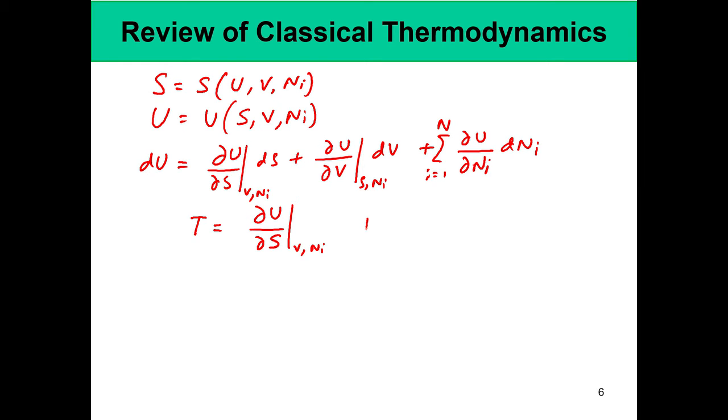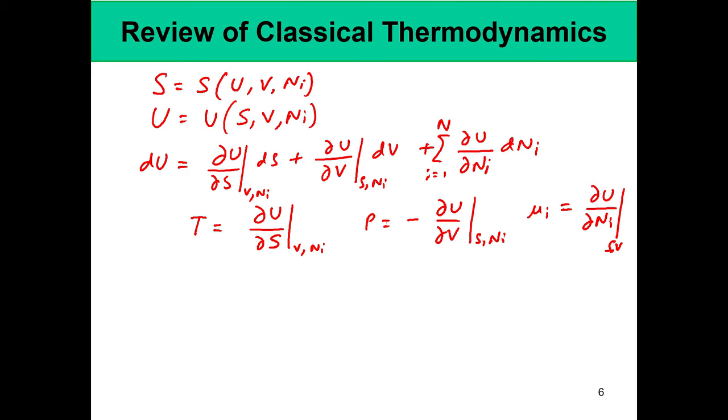We can define P is equal to minus dU dV when S and Ni are constant, and we can define another new quantity called chemical potential, which is defined as partial dU partial dNi when S and V are constant.